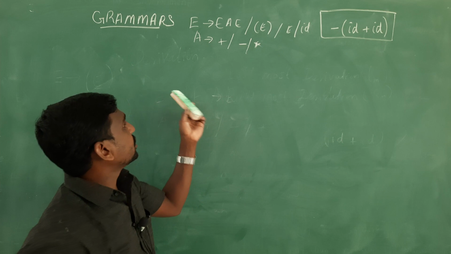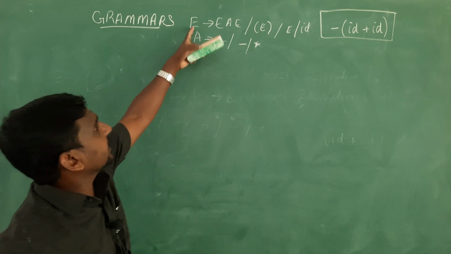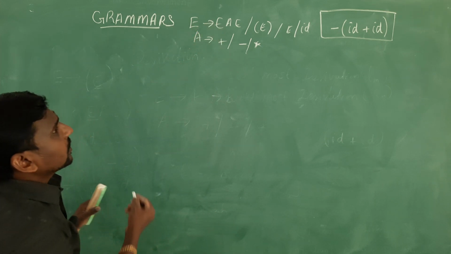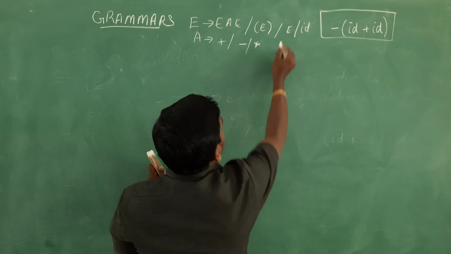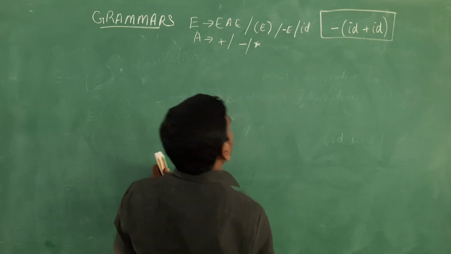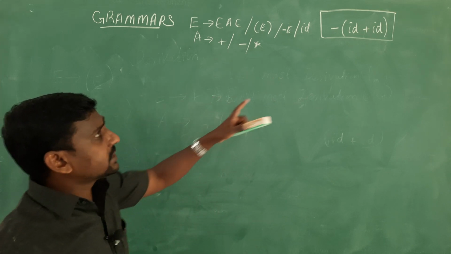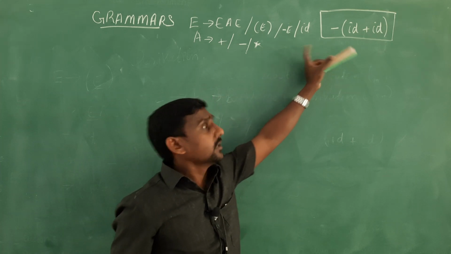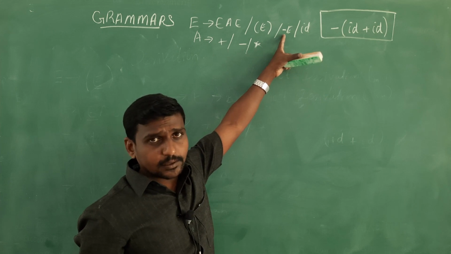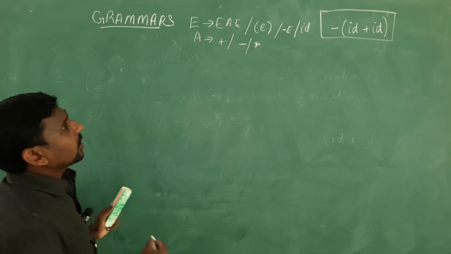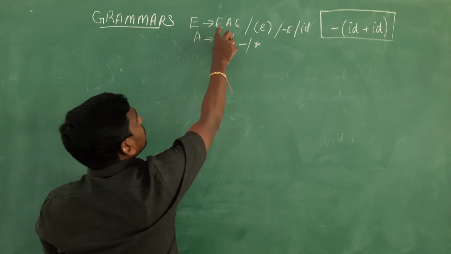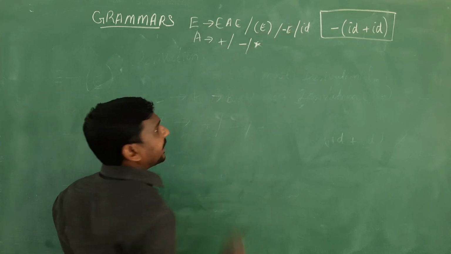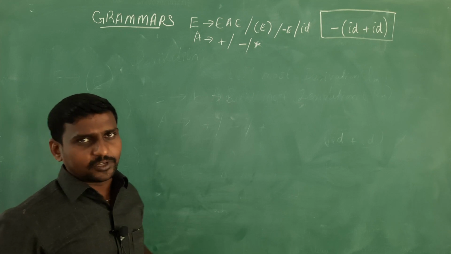Now I am going to teach you leftmost derivation. The string is minus E, so if we change this, we have to put minus here. We follow leftmost derivation. Which production should I take first?